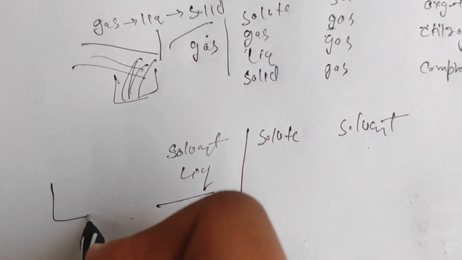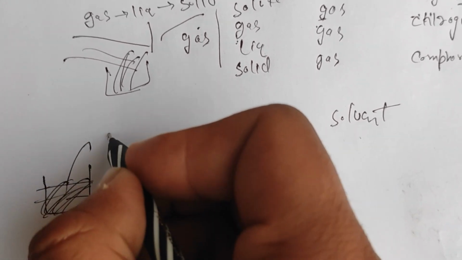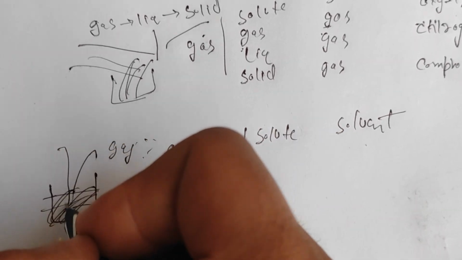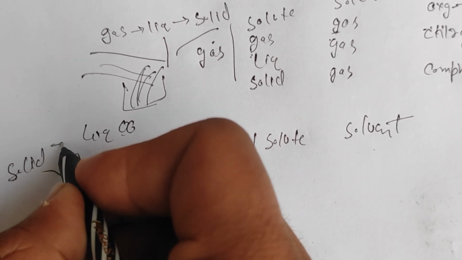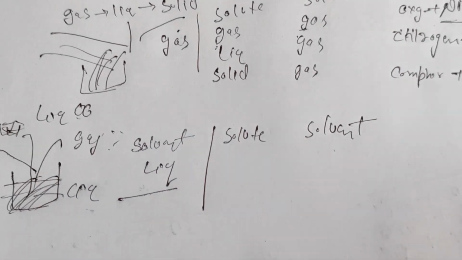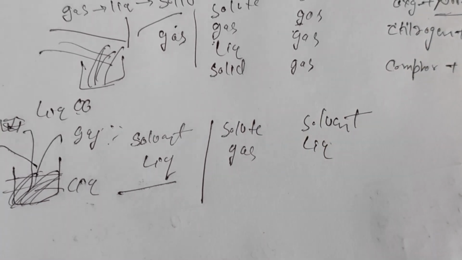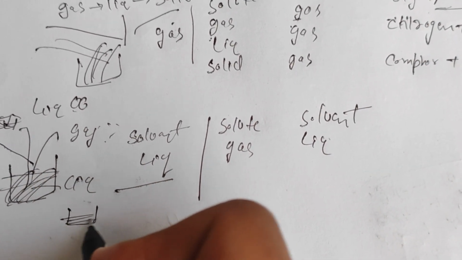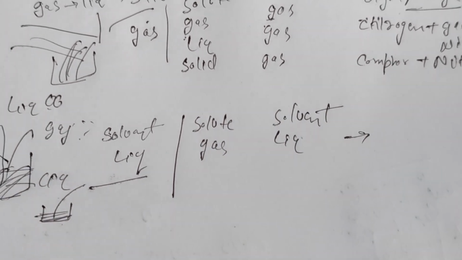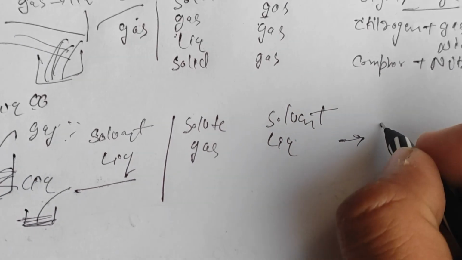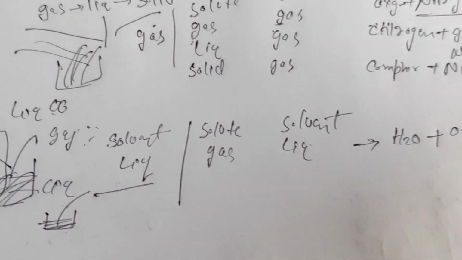For example, this is our beaker where we put the liquid, and we vary the solute with gas, liquid, and solid. First, the solvent is liquid and the solute is gas, so we have a large amount of liquid and a less amount of gas. For example, the liquid is water, H2O, and we add some gas, for example oxygen.